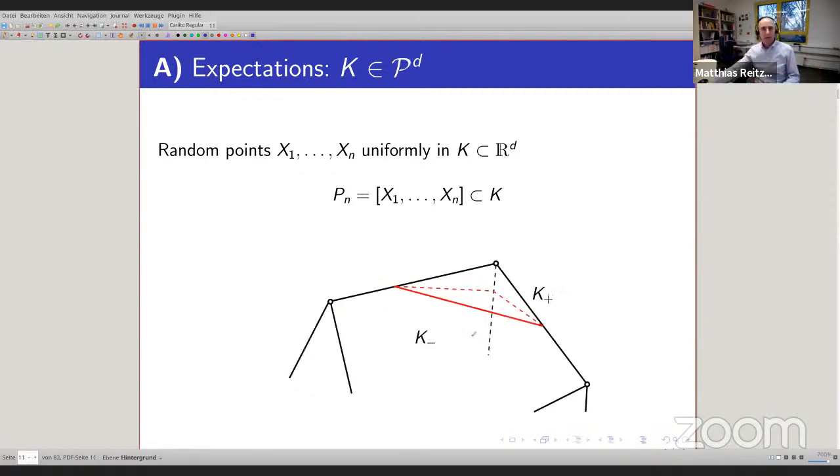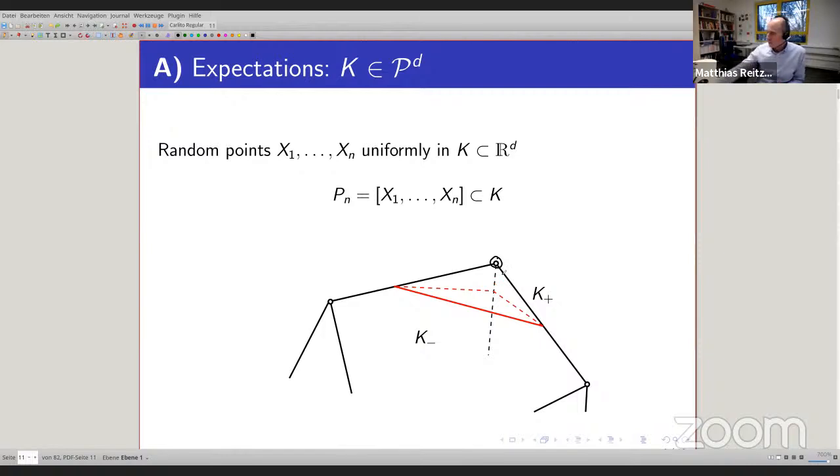And this is different if you're interested in the polytope case. So if your mother body is a polytope and you cut off a cap, then in most cases, if the cap is more like this thing here, you have one vertex which is cut off, and then you have a small simplex which is cut off by this cap.